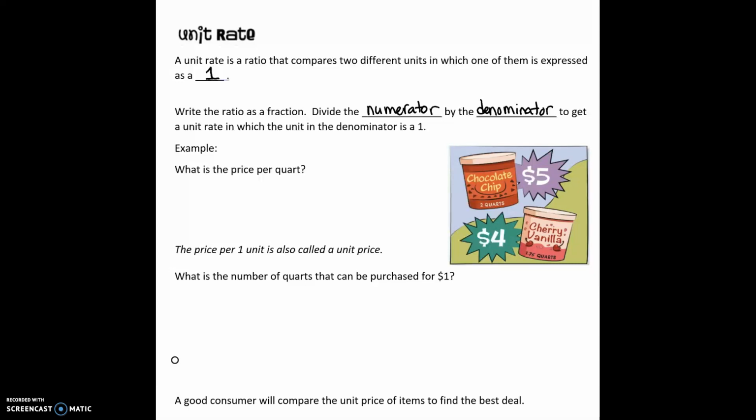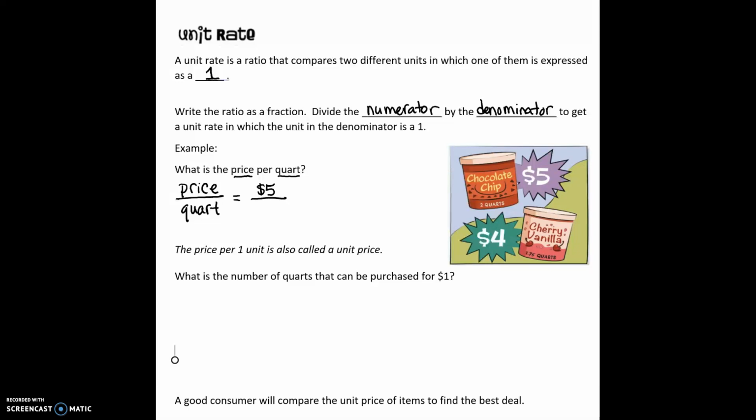So if we look at the picture that we have here to the right, we see the chocolate chip ice cream. The cost is $5 per 2 quarts. What is the price per quart? So now what I want to do is I want to think about the price as my numerator and the size, or the number of quarts, as my denominator. If I set this up, I know that I have $5.